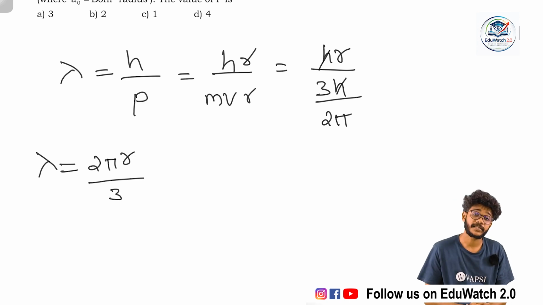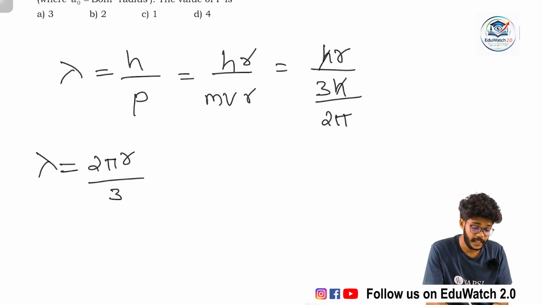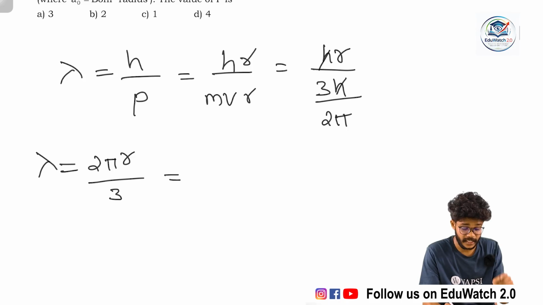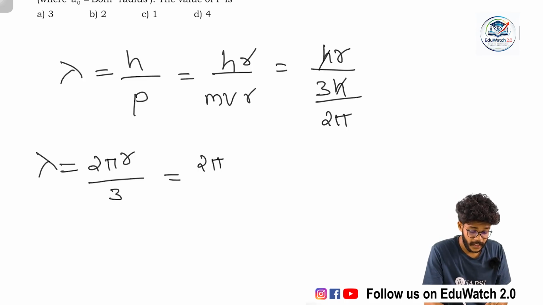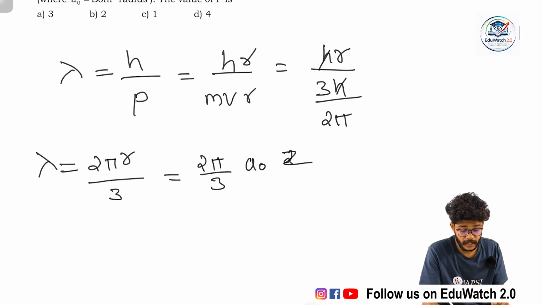And what is the radius r? r is the radius of the charged particle which is revolving. That can be connected with the Bohr radius a0. So 2 pi by 3, and r is a0 into n square by Z. What is n? n is 1. Z is 3.